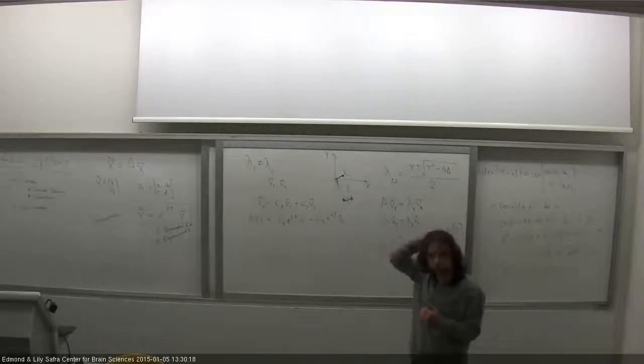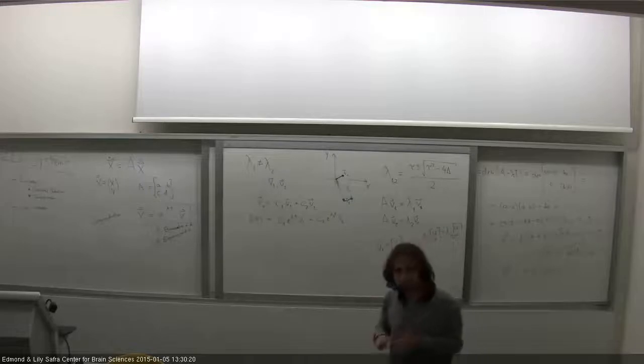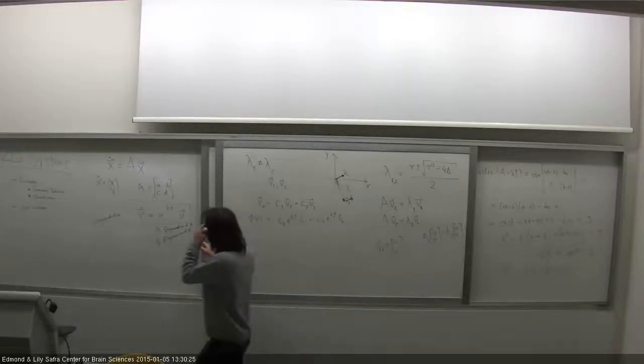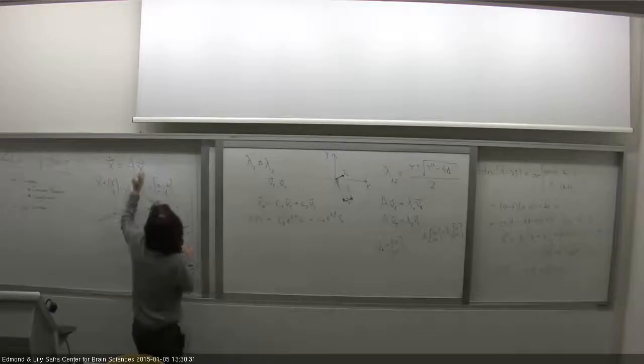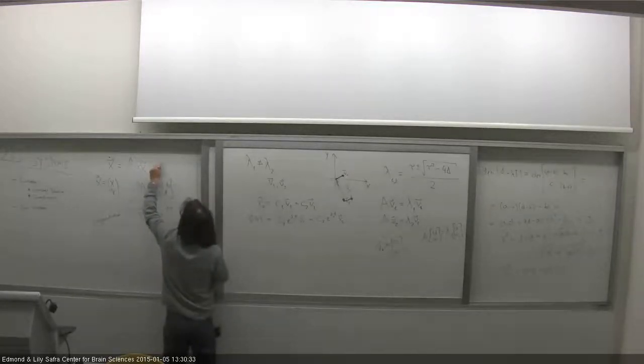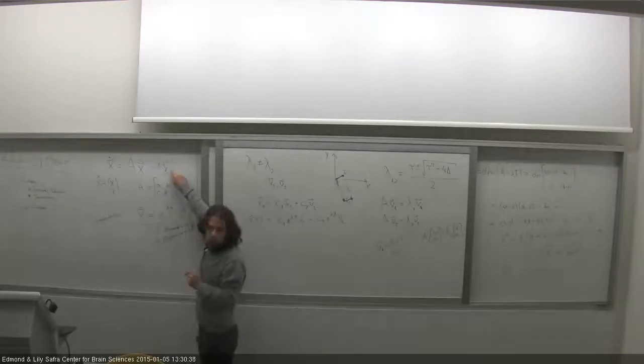Why are the eigenvectors special? This is the question. Because when you feed A with the eigenvector, you get lambda times the eigenvector.